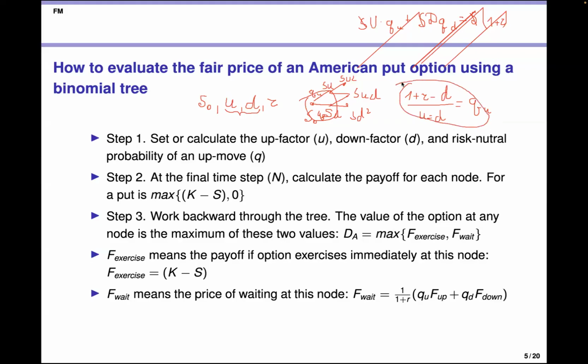Okay, so it's up to you. We can remember this formula, or we can compute this every time.